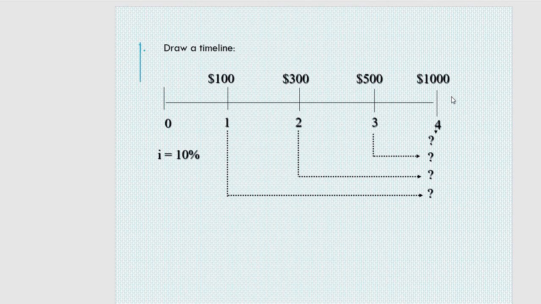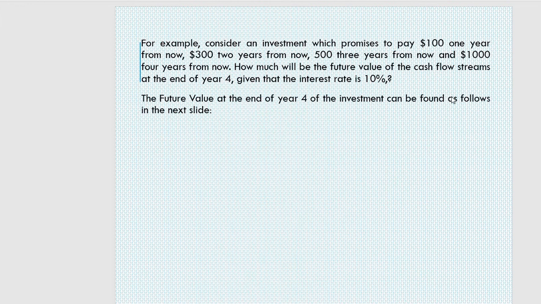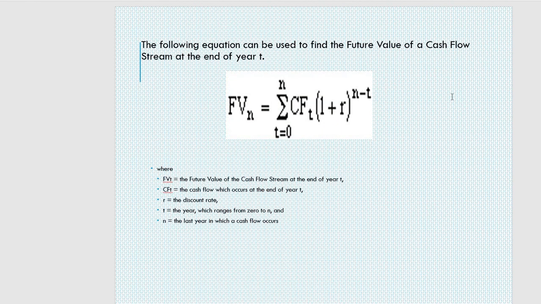So on CF there, we put 500, times 1 plus i, 1 plus 0.1 to the power n minus t. Now this is the cash flow in year t, which is the cash flow in year 3. So t there is 3.